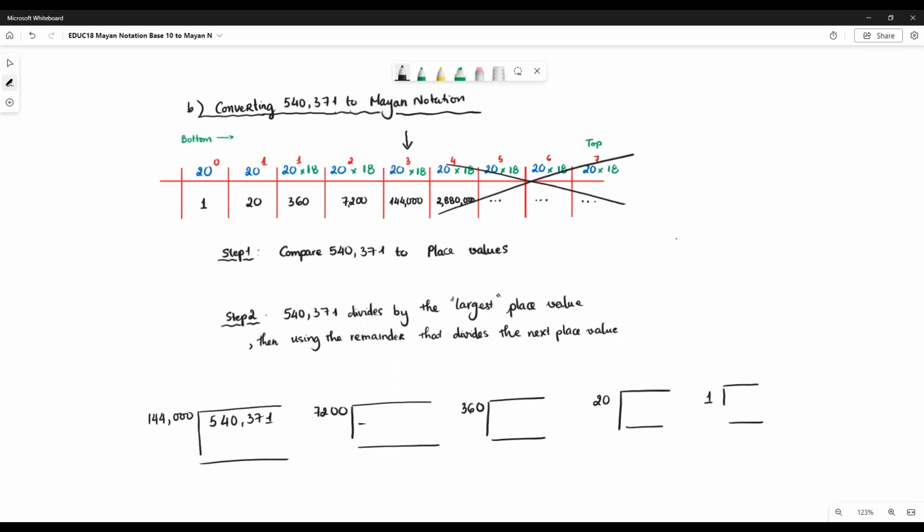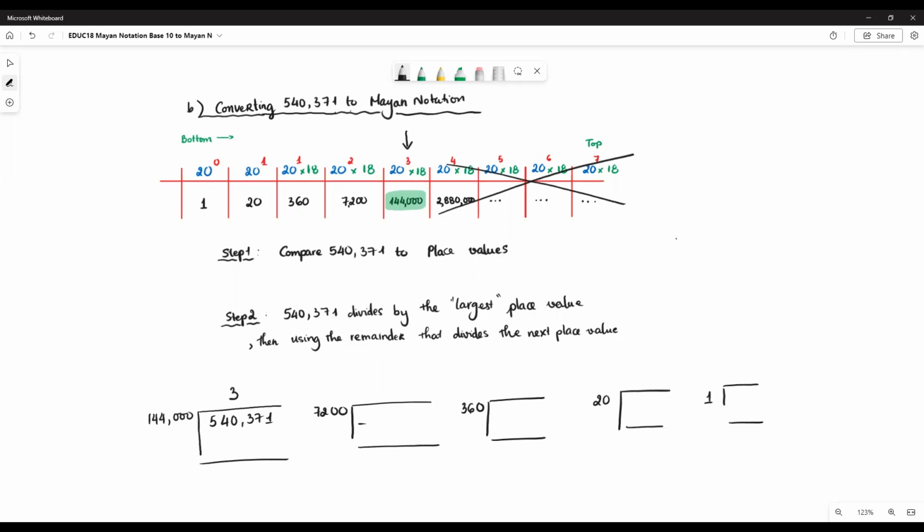The second step, we divide the number we need to convert by the first, or largest, place value we have. So that's it, 144,000. We have 3.